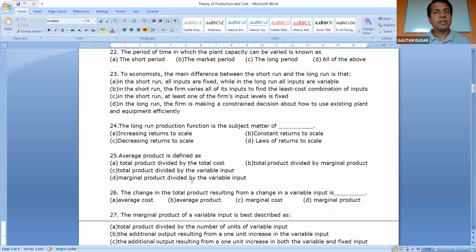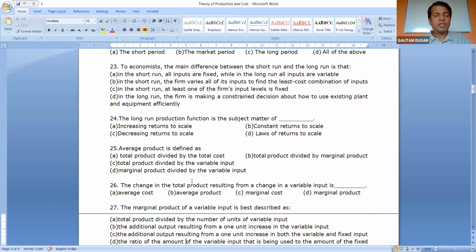And marginal product is the additional output which we get by employing an additional unit of the variable factor of production. That is called marginal product. Or rather, it is change in total product divided by change in the units of the variable factor.